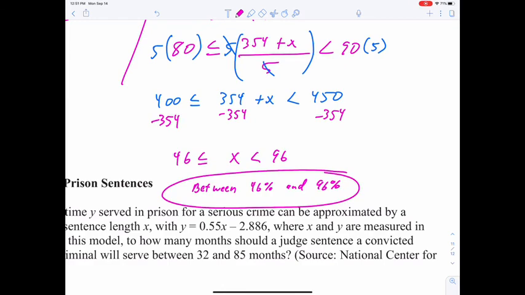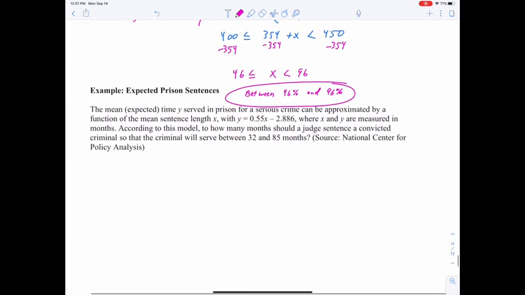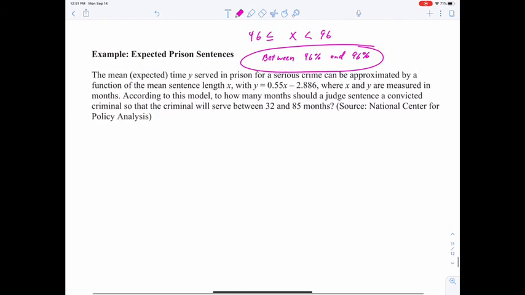Okay? All right. Here's another one. Very similar. The expected time served, time Y, served in prison for a serious crime can be approximated by a function of the mean sentence length X with that equation right there, where X and Y are measured in months.